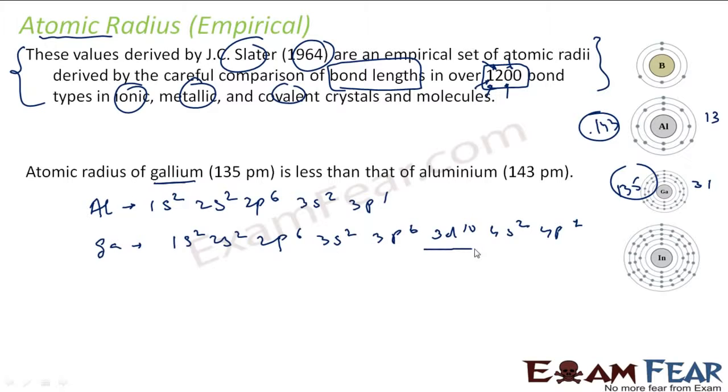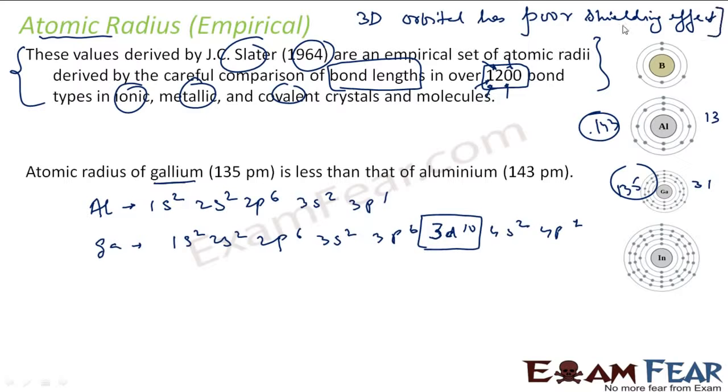So here you see 3d10 is there, and wherever you see 3d10, please note this: the 3d orbital has a poor shielding effect. Experimentally, they have found this. 3d10 has a poor shielding effect.